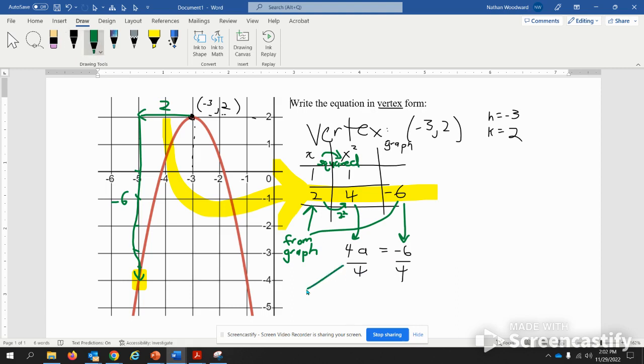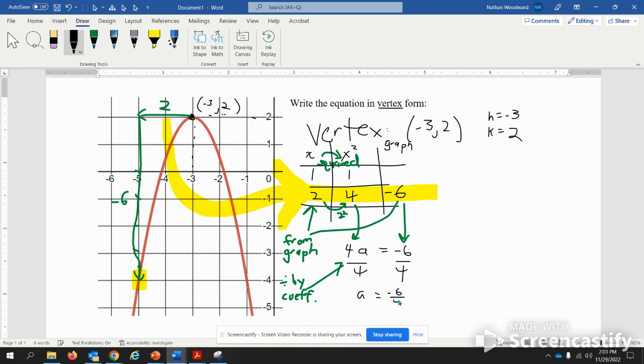What we're doing here, right, is we're dividing by the coefficient, the number that multiplies a, and that's how we solve for a. And a equals -6 over 4.